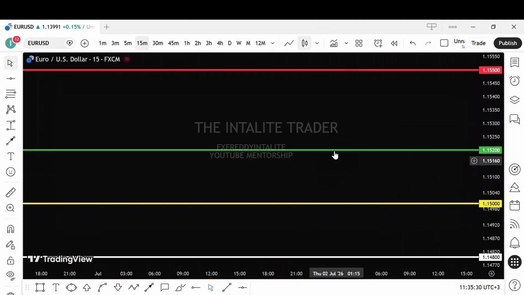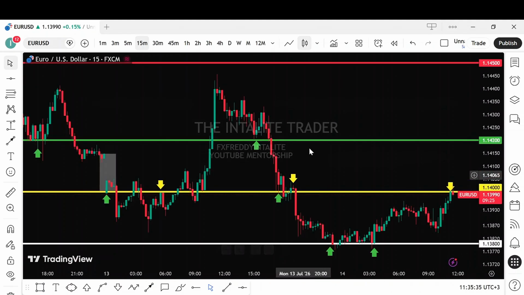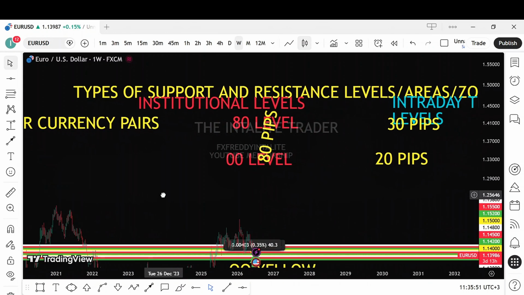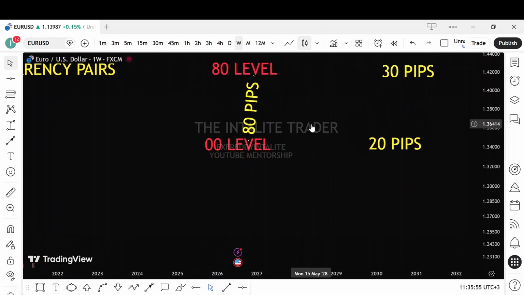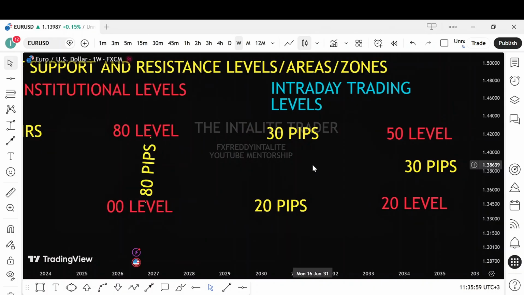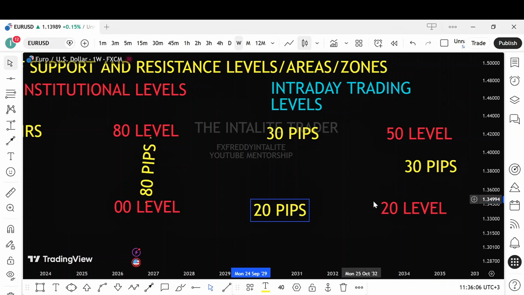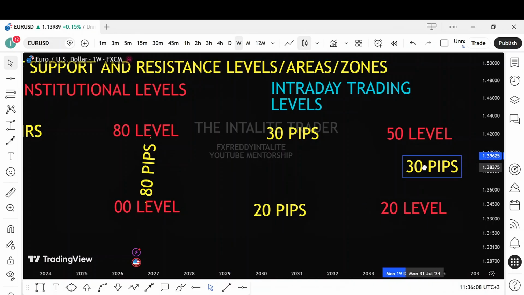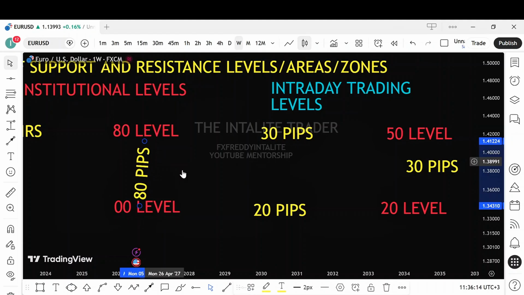And if we come back to our pips, from 00 to 20, these are 20 pips. 20 to 50, these are 30 pips. 50 to 80, these are again 30 pips. 00 to 80, these are 80 pips.